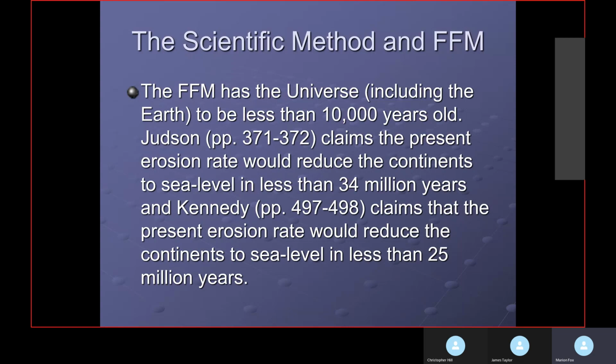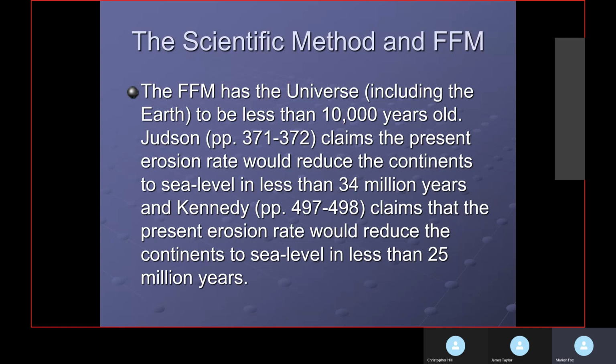So the two of them together, approximately 30 million years, all the continents should be down to sea level from erosion, just by the material that's carried by rivers into the oceans. That should have happened, according to two different sources. Now, they don't have exactly the same number, but they're pretty close.